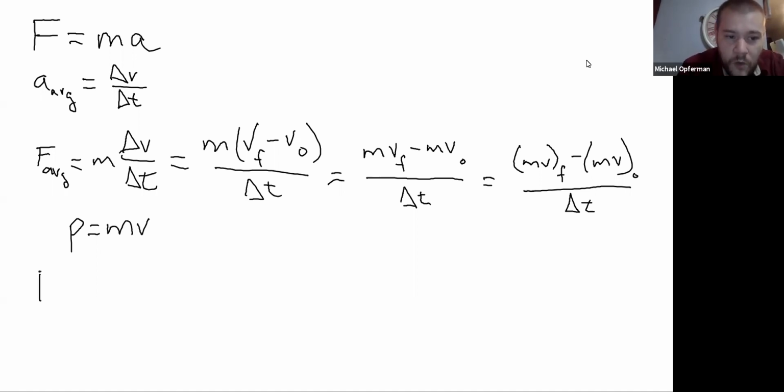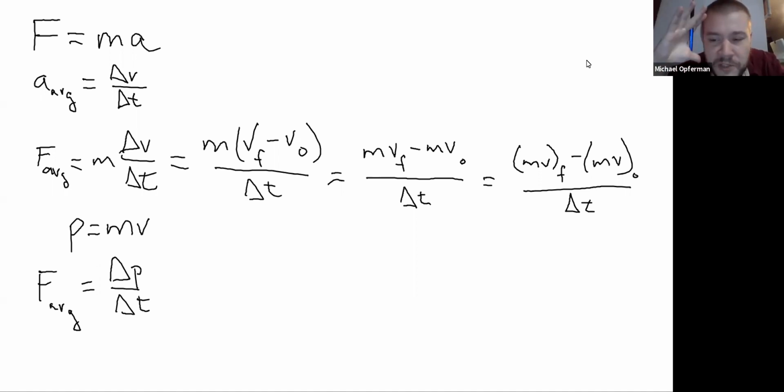And if you do so, then you find that the average force on the object is equal to delta P over delta t of the object. Although P is very abstract, what the heck is P?